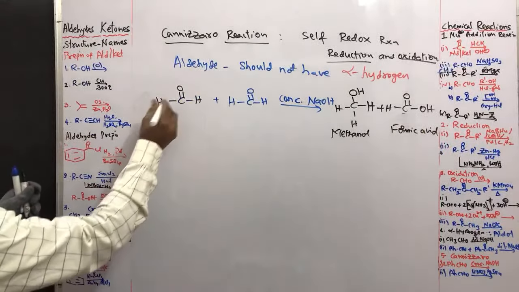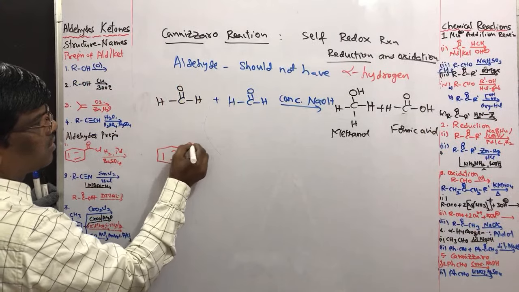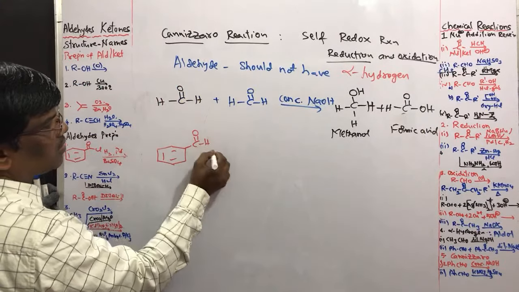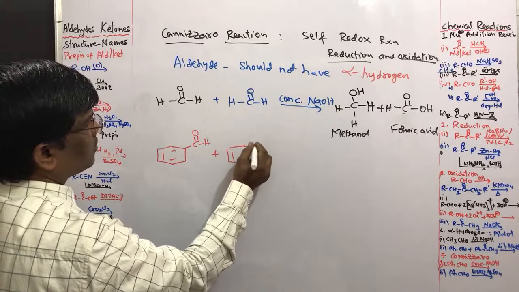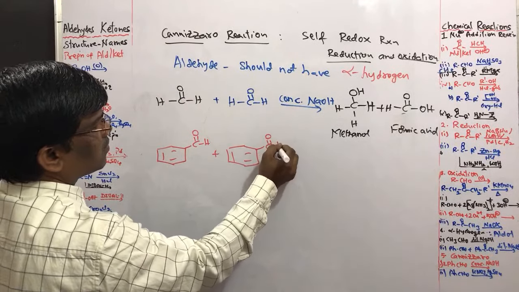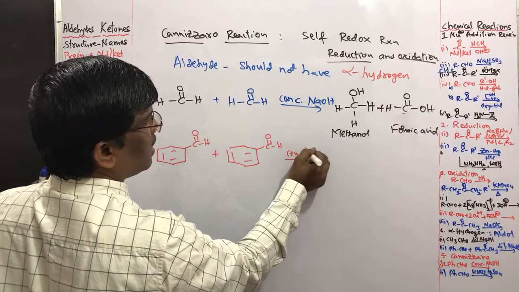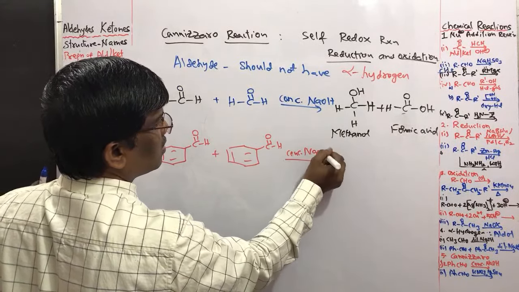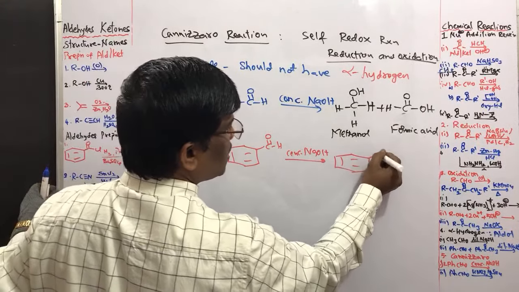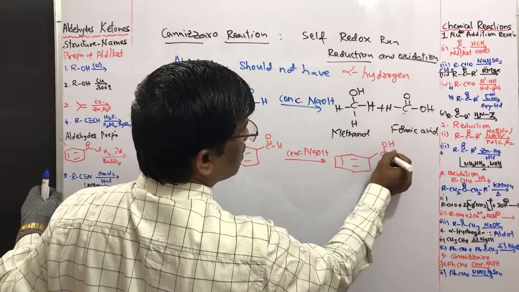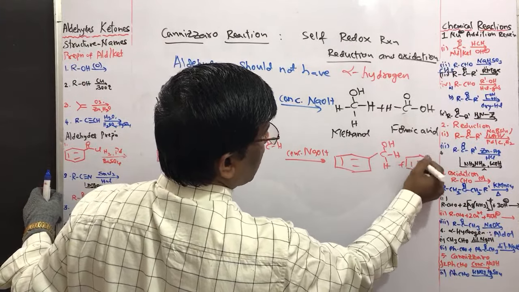If I use benzaldehyde here with concentrated NaOH, I am going to get benzyl alcohol plus benzoic acid.